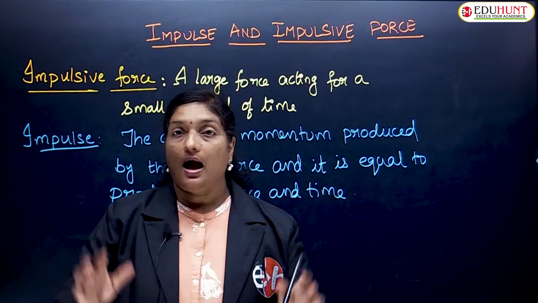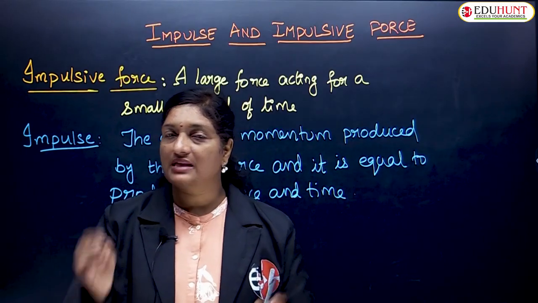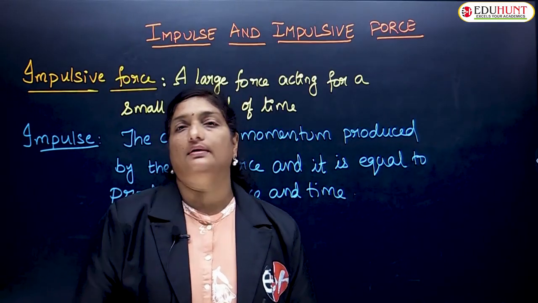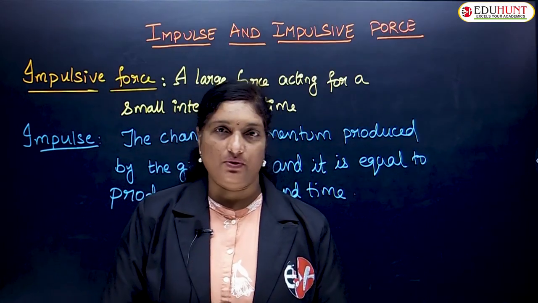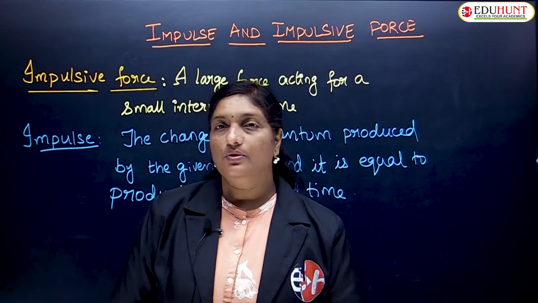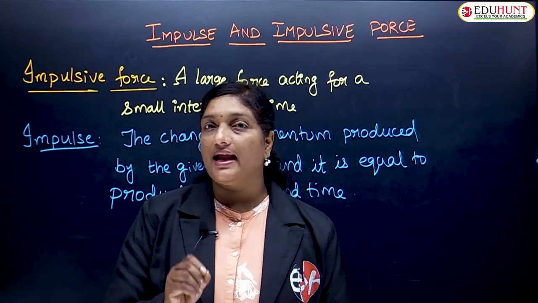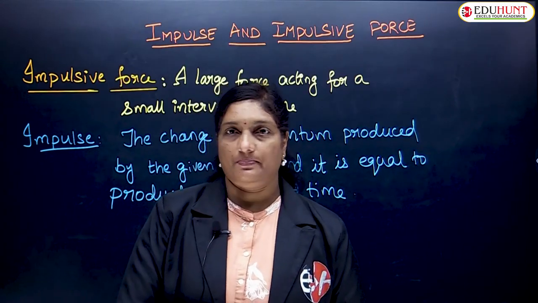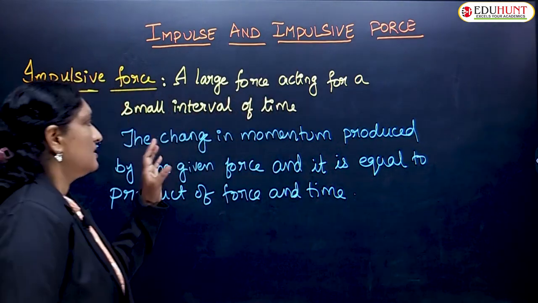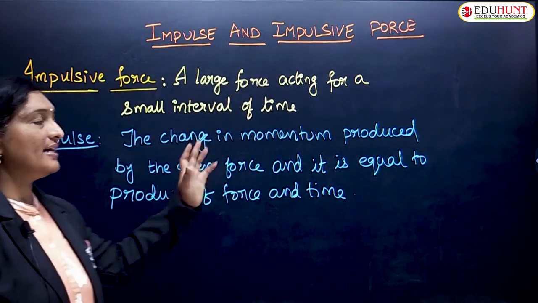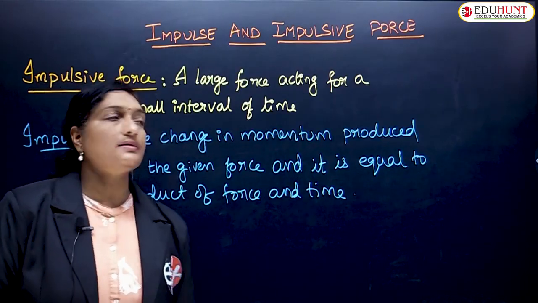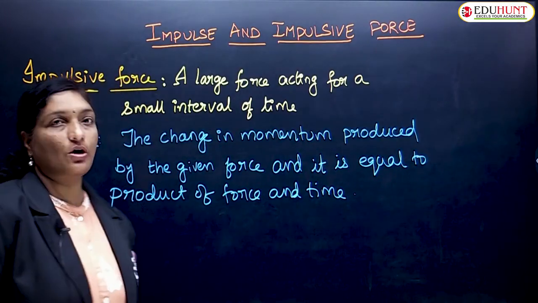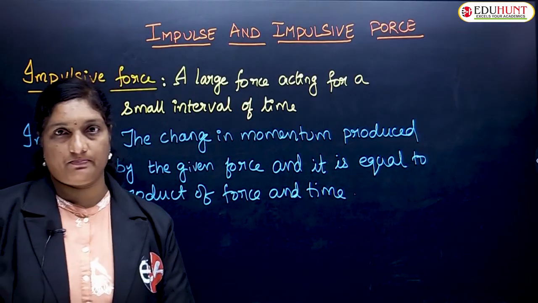I repeat, a large amount of force acting for small interval of time is called impulsive force, whereas this force produces a finite change in momentum. This force that produces the finite change in momentum equals the product of force and time.